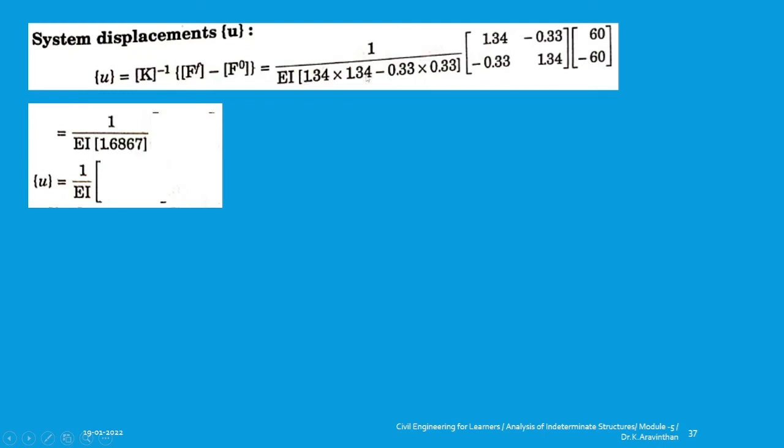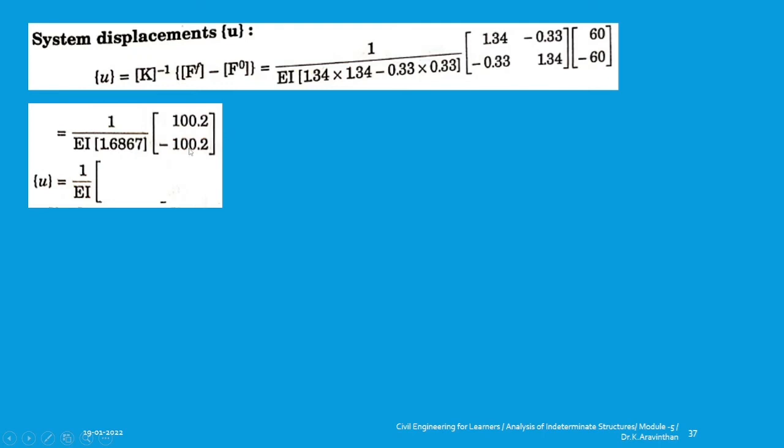So if you multiply this and subtract, you will be getting 1.687, and if you multiply this row into this column, 1.34 into 60 plus 0.33 into 60, you will be getting 100 as your answer, and the bottom row 0.33 into 60, which will be minus, and 1.34 and minus 60, you will be getting the value in terms of minus.